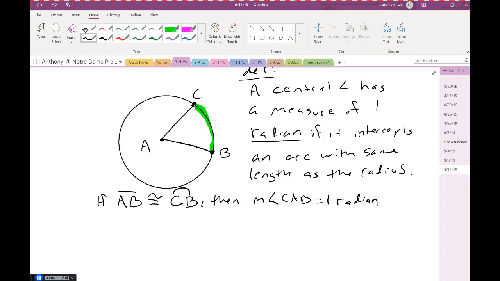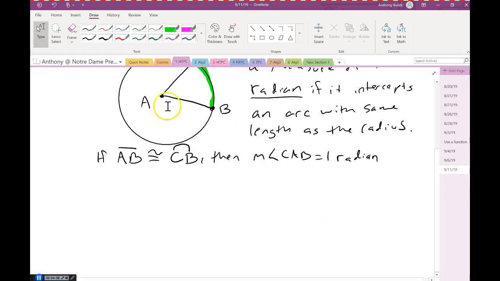We have another measurement of an angle that we had from geometry class, which was using degrees. What we'd like to have now is a way to convert from one to the other. So what we're looking for is a way to convert angle measures to degrees. Everybody okay with that plan? Okay.